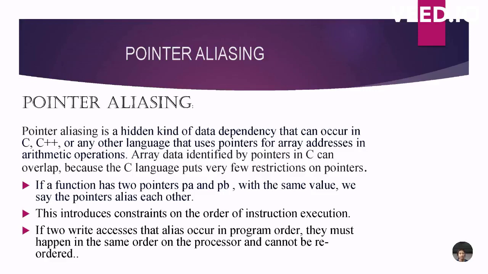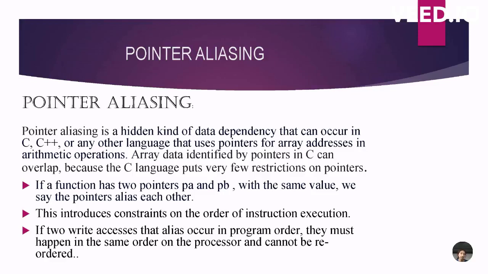Pointer aliasing is a hidden kind of data dependency that can occur in C, C++, or any other language that uses pointers for array addresses in arithmetic operations. Array data identified by pointers in C can overlap because the C language puts very few restrictions on pointers.